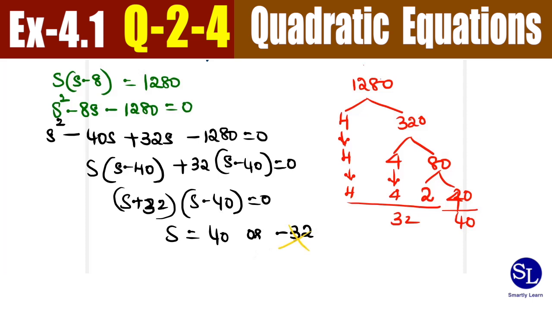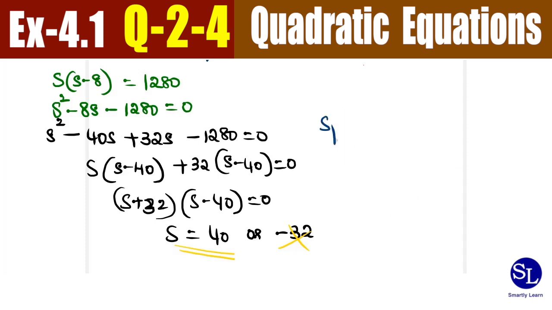So s cannot be equal to minus 32. So the speed of the train is going to be 40 kilometers per hour. So please make a note of that. So you need to close the statement. Speed of the train initially is equal to 40 kilometers per hour.